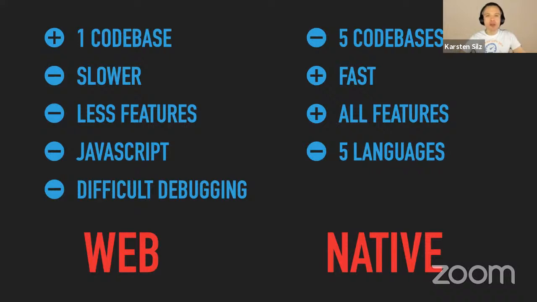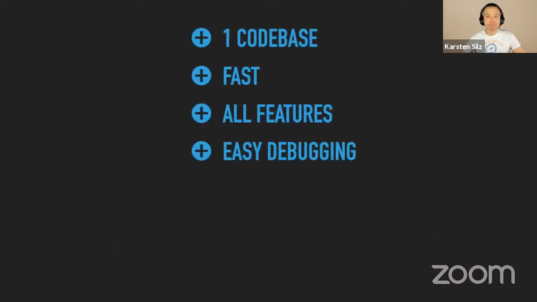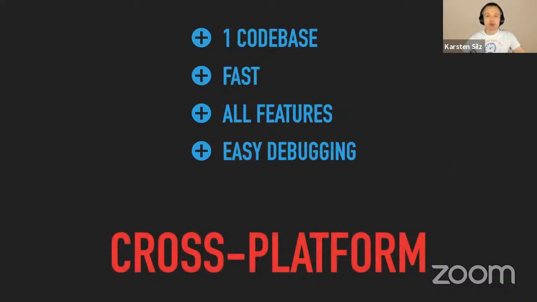Try to step through your code line by line if it runs on a mobile phone that's connected to your computer. That's difficult. But with native, you've got an easy debugging experience. So now if you look at this comparison, you may get the idea, can't we just combine the best of both worlds? And yes, there's a promise of doing that, which is cross-platform.